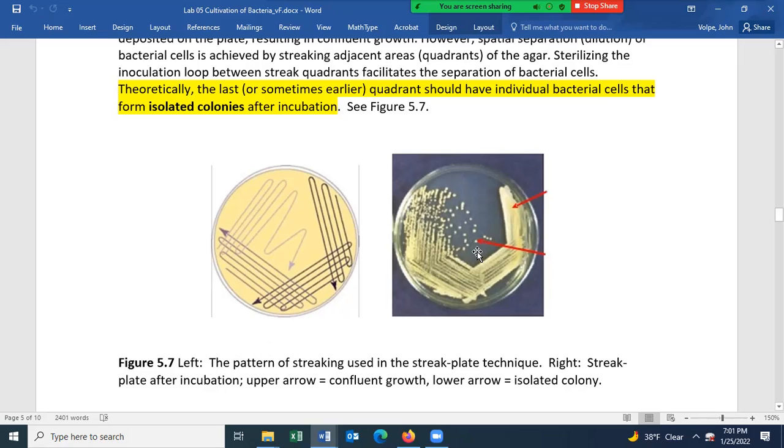And so that's why you take an isolated colony and then streak it out a second time on a second agar plate. And when you get the cells through 2 colony isolation events, then we can say that you have a pure culture with greater than 95% chance that it's pure.